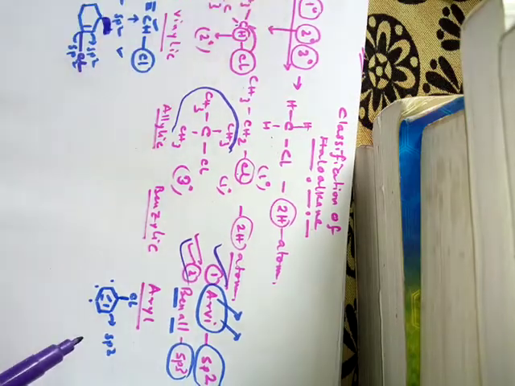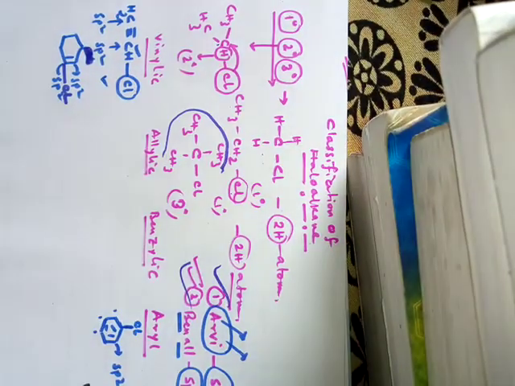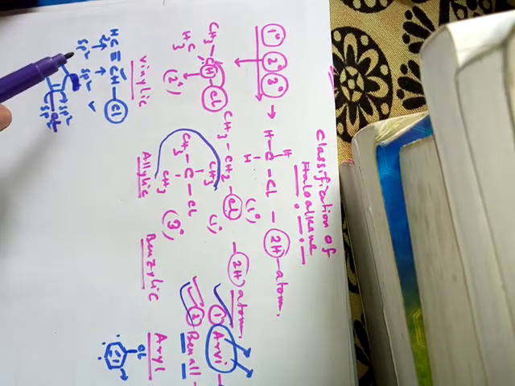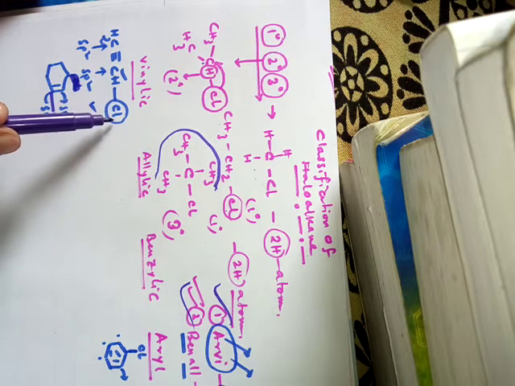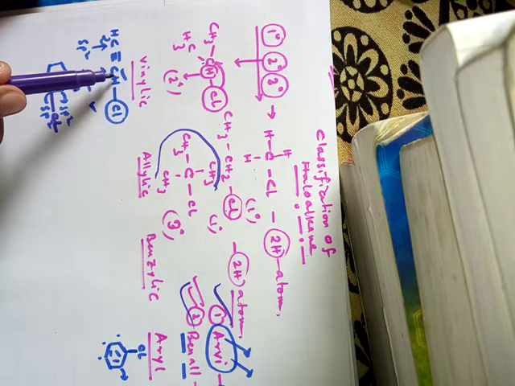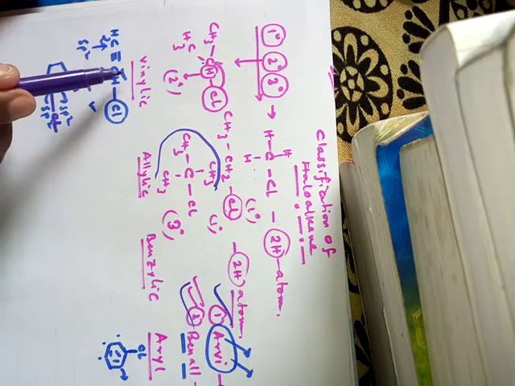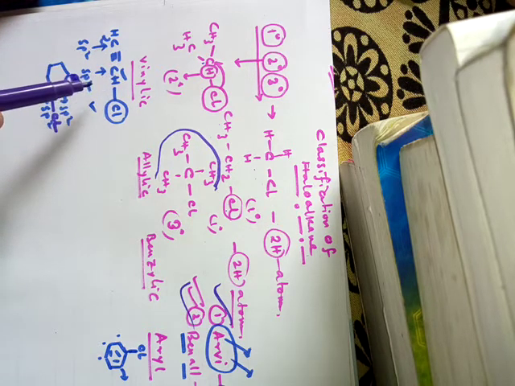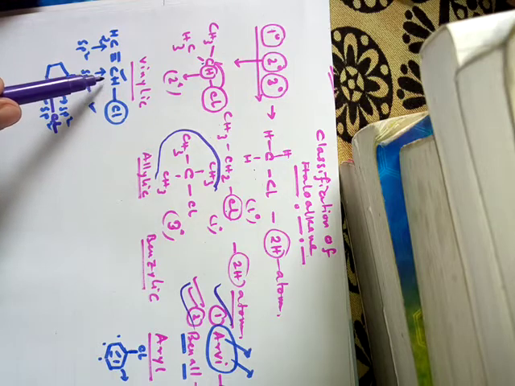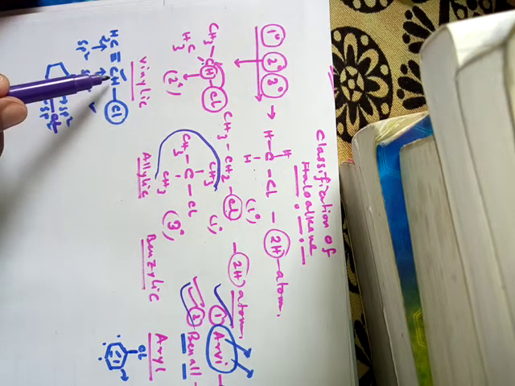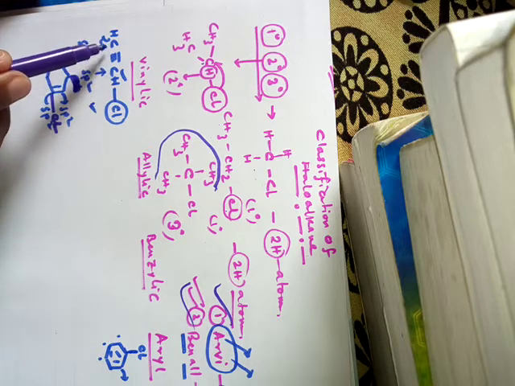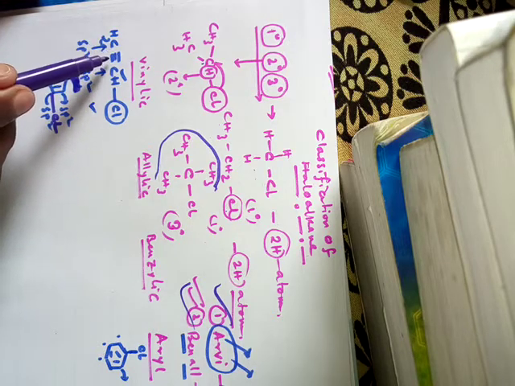And if we take another example, vinylic halides, we see CH2=CH-Cl. The chlorine is attached with a carbon atom which is sp2 hybridized, but there is no aromatization, there is no benzene ring. The carbon atom to which the halo group is attached is sp2, and both carbon atoms are sp2 because this bond is a double bond.